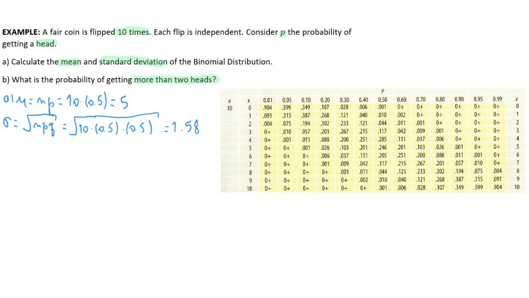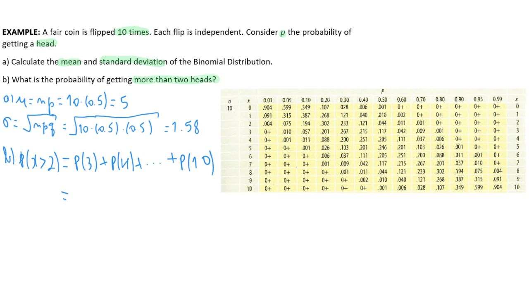We can state the probability question mathematically as the probability of x greater than 2 equals the probability of 3 plus the probability of 4 plus all these probabilities until the probability of 10.